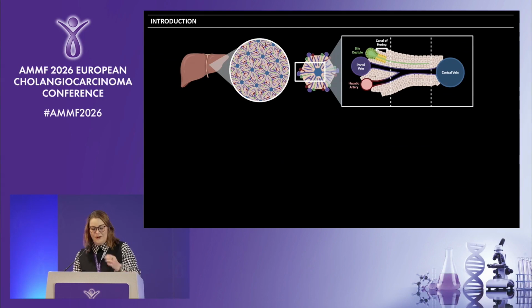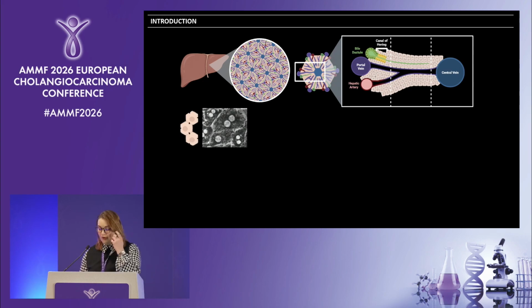Right. So the liver is composed of microscopic hexagonal units called lobules, and these comprise a central vein which is surrounded by branches of the hepatic artery and portal vein, as well as the bile ductules. The hepatocytes are the main epithelial cell type of the liver and make up the majority of these lobules.